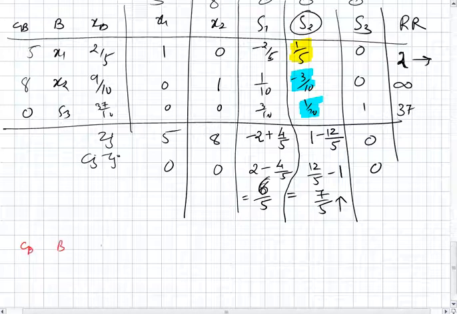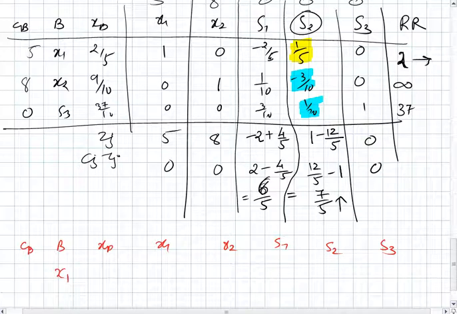CB, B, XB, X1, X2, S1, S2 and S3 in basis 1. Now X1 is replaced by S2, so it is S2, X2 and S3.